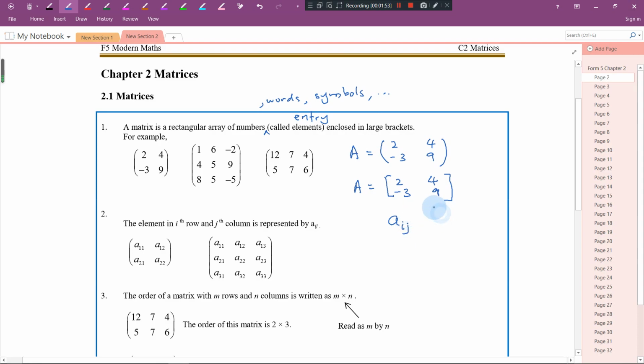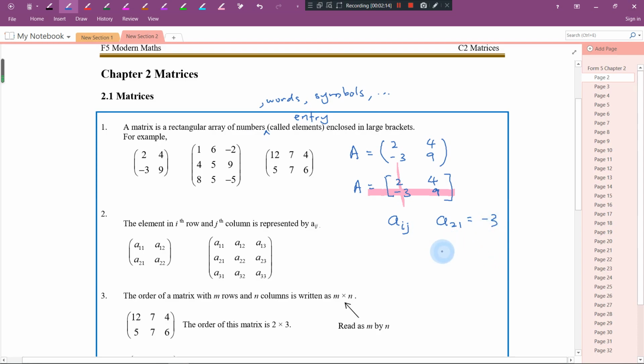For example, if I write a21, then people know which element you are talking about. Second row, first column. So this element is actually -3.